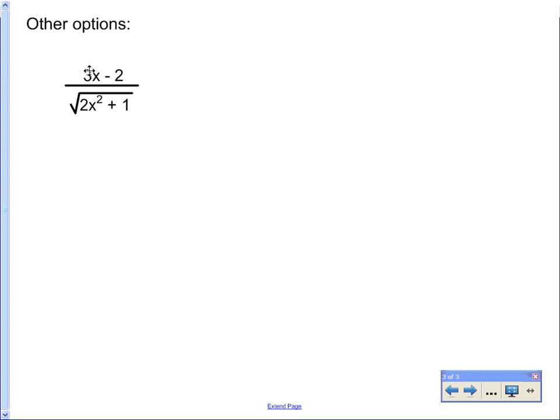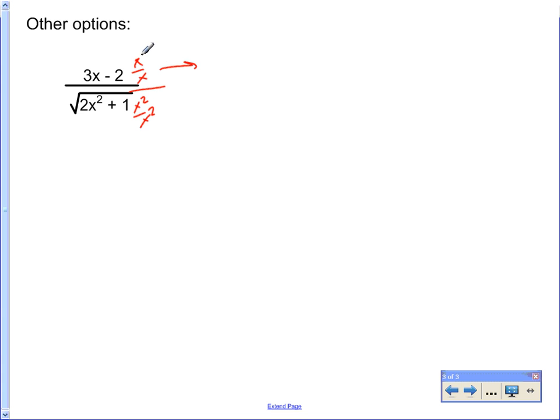So the other option is we're going to want to change this. We're going to change the top and bottom by multiplying by the highest power of x over itself. So on the top, I'm going to multiply by x over x, so I'm just basically multiplying the top by 1, which is legal.